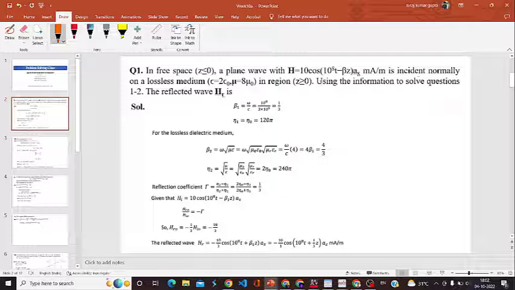By using this information we have to solve problems 1 and 2.